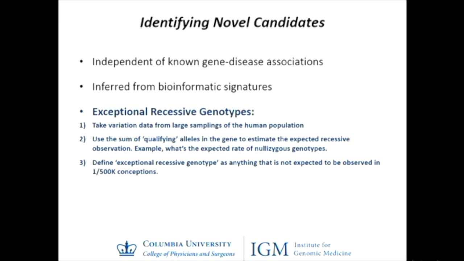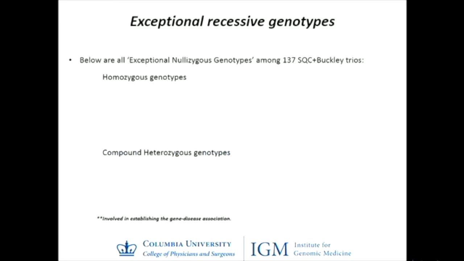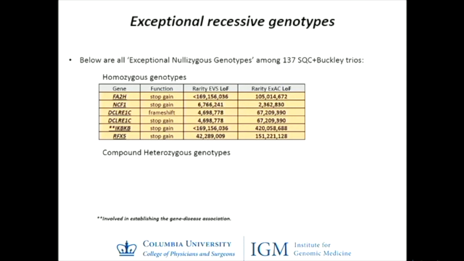When we apply this to the sequencing collection plus some trios from our immunodeficiency collection, and we ask, of all the homozygous qualifying variants, how many fit this bioinformatics signature, we find that 6 of them do. And in fact, all 6 of those are actually genetic diagnoses. The 2 stars indicate genes where we've actually, as a group, been involved either primarily or secondarily in the identification of the association of that gene with disease.